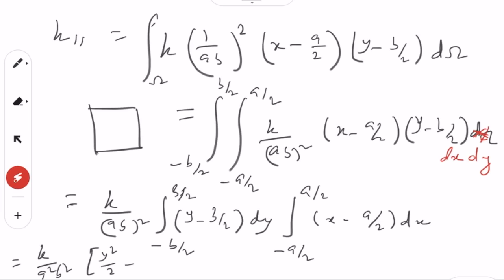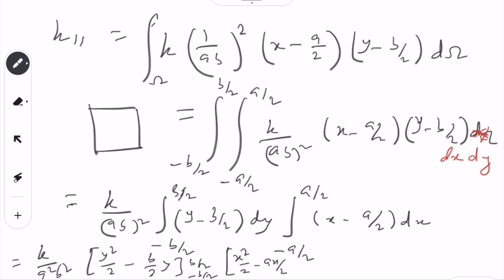Or without using Gauss quadrature, we can also write it, and the value will be, you can see here, y squared over 2 minus b over 2 y, from minus b over 2 to b over 2, and then multiplied by similar things, x squared over 2 minus a over 2 x, from minus a over 2 to a over 2.